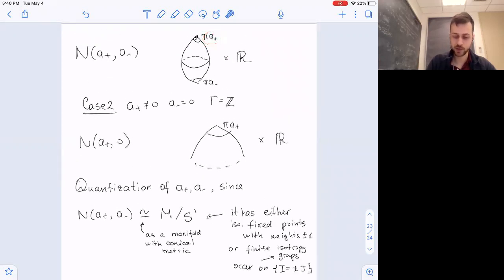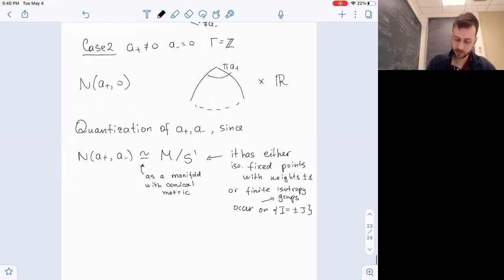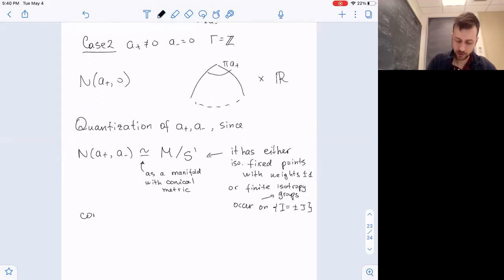It will not be just pi times some real numbers. Cone angles in the second case are 2 pi over k, where k is the size of the stabilizer over point x, if your x belongs to M.